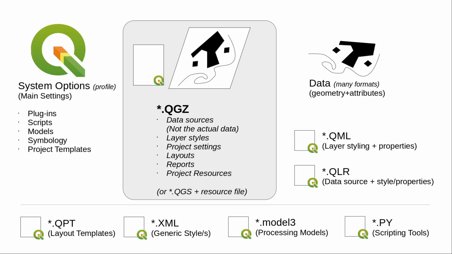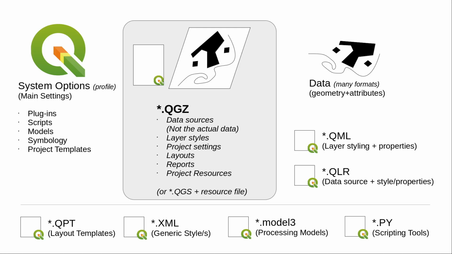Apart from project files and style files, QGIS handles a lot of different file formats. So for instance, layout templates are .qpt, that is print layouts or reports. They can be complete print layouts, or they could be print layout items.